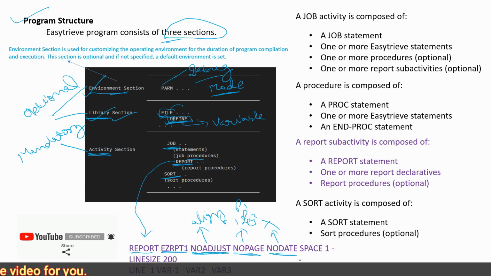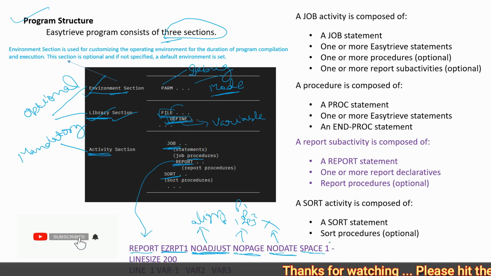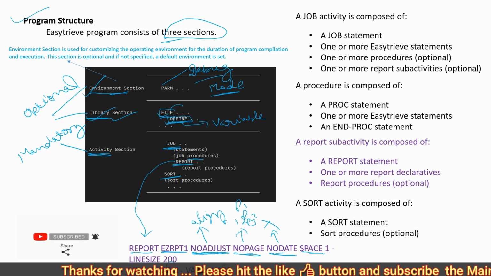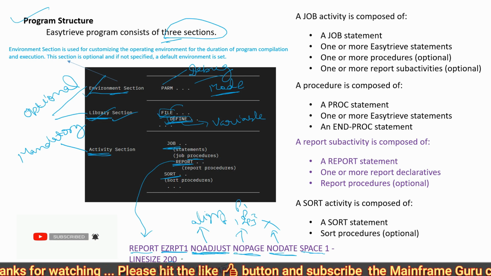Okay, and you have given SPACE 1, it means there will be one space between the variable data. Like here you can see variable 1, variable 2, variable 3, so there will be 1 byte of space in the data.